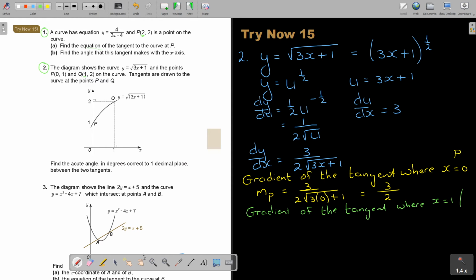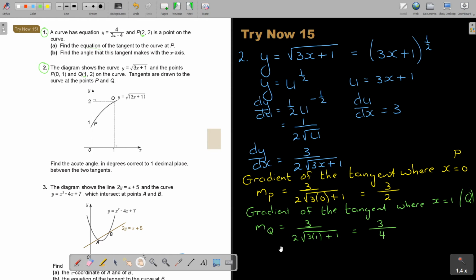And that will be at the point Q. So, let's call it MQ. And now we just substitute 1. And that is 2 times root 4, it's 4. So it's 3 over 4. Okay, now I'm going to come to my angles.